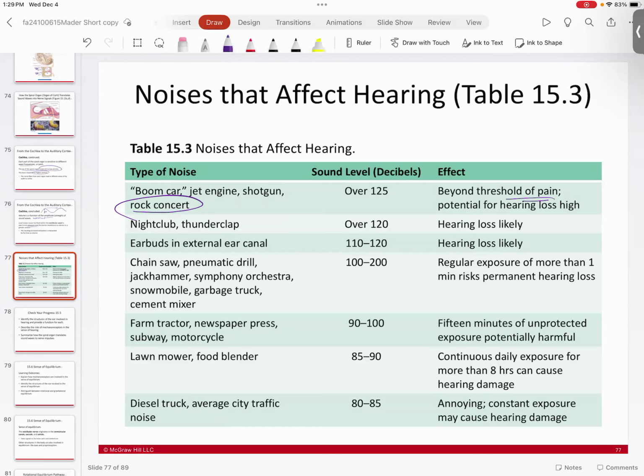So if you're in that 120 range, you're looking at hearing loss. And one of the ways to gauge that is if you're having to torque up your earbuds beyond its normal limitations to overcome ambient sound, then that just tells you how loud that is.